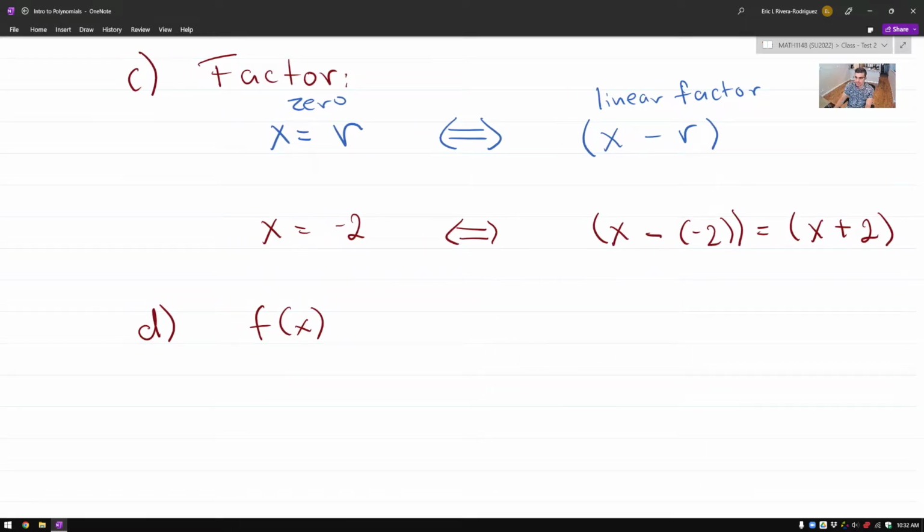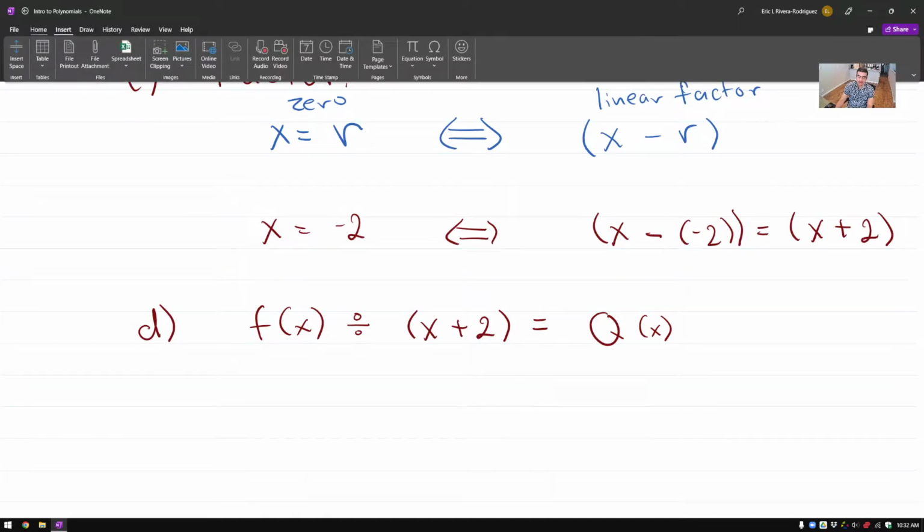And then we are going to divide the entire polynomial by this factor, the factor that we have found, x plus 2. And then we are going to get our first quotient. What is going to happen with this quotient?